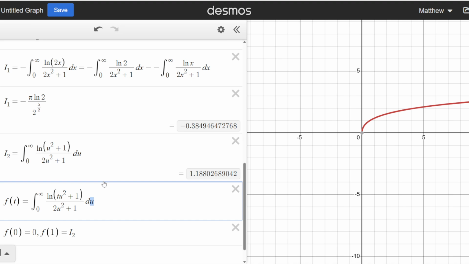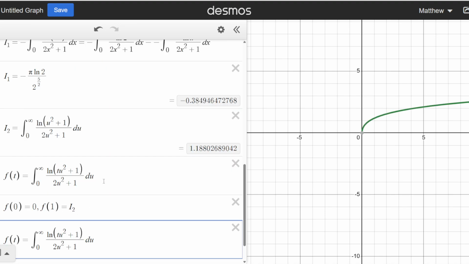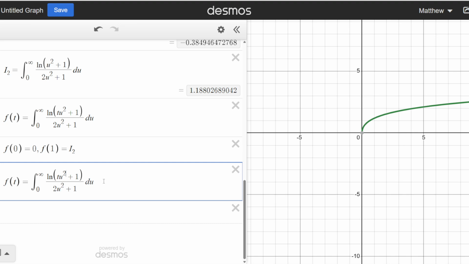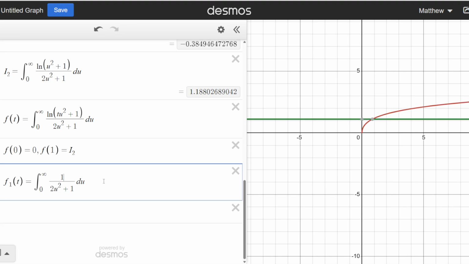All right, now let's take the derivative with respect to t of our function of t right here using the Leibniz rule for differentiation under the integral sign, which says we can just take the derivative of this function directly by taking the derivative with respect to the parameter inside the integral sign. So taking the partial with respect to t is going to bring this whole term downstairs.